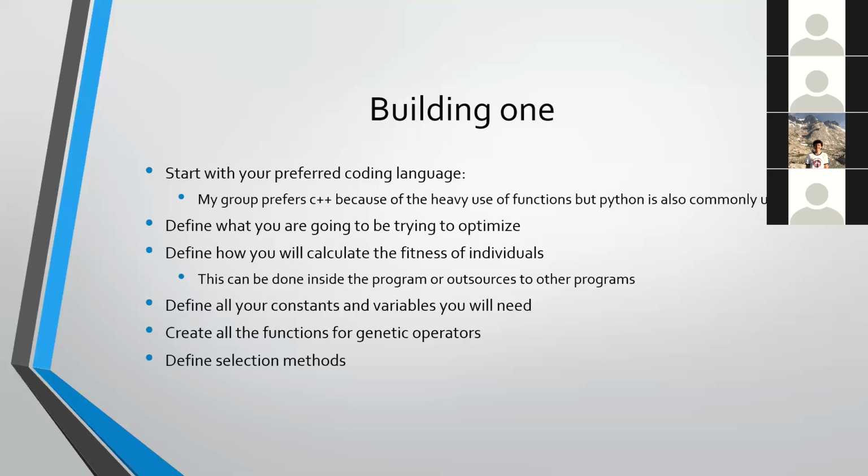Then you have to go ahead and start working on what are called the genetic operators, and I'll get into that in some of these later slides, as well as selection methods, which is what I'm going to cover next.